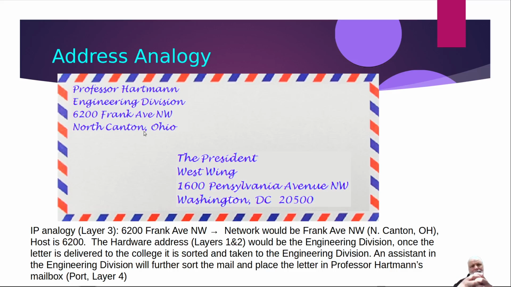If you think about the whole model with the mail bag and then the truck, all the trucks at the post office have their numbers, so you know which one is going to Canton, Ohio, or going to Washington, D.C. It might be going directly to Washington, D.C., or it might go to Columbus first and then get put in a different truck.